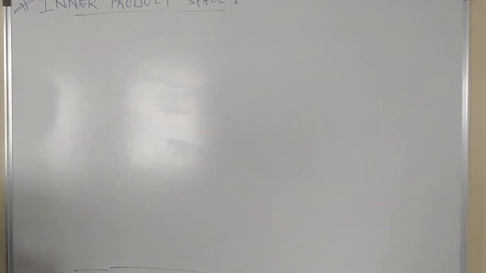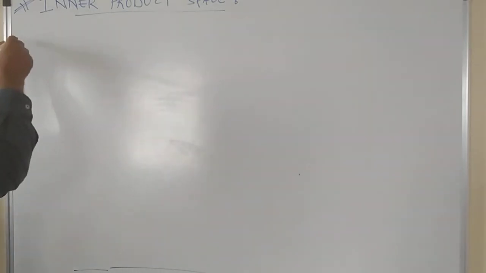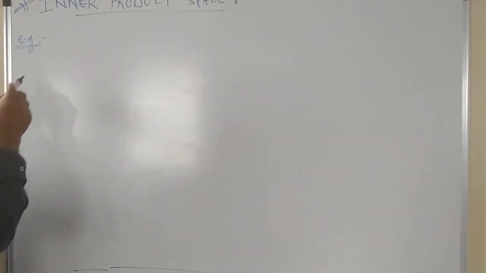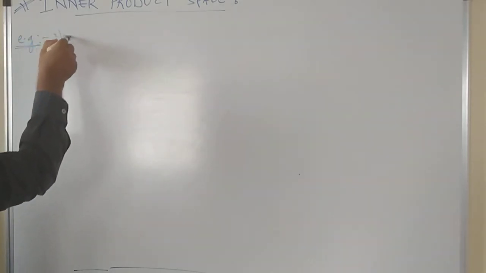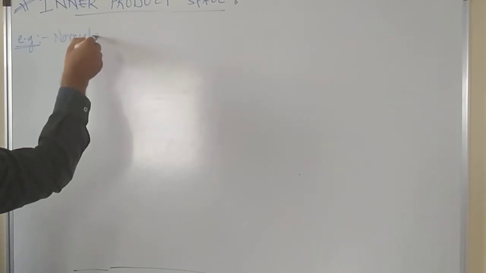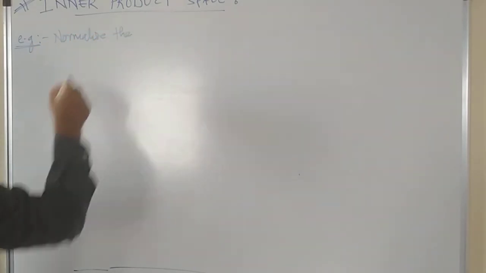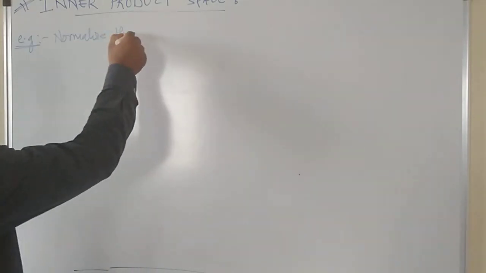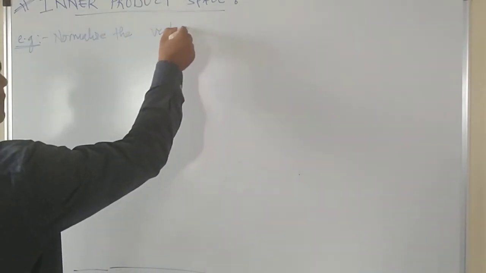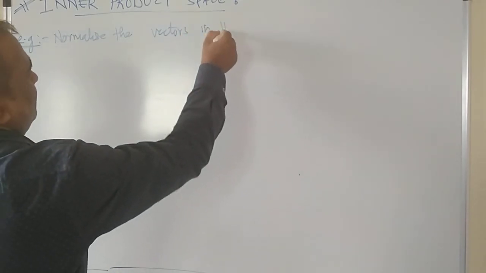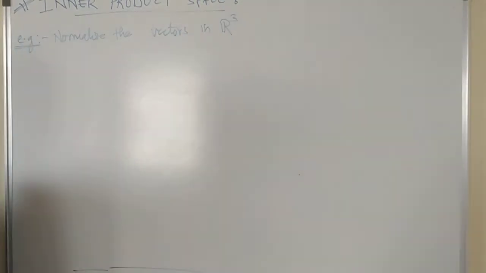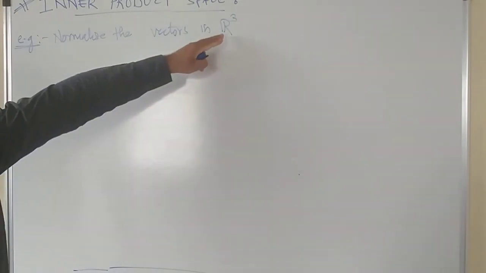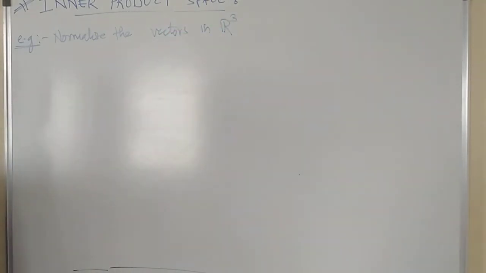Normalize each of the following vectors in R3. With this example you will understand how to normalize the vector. R3 means real numbers having three components, right?